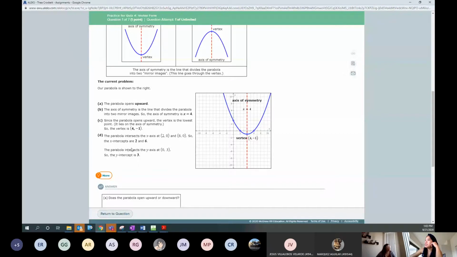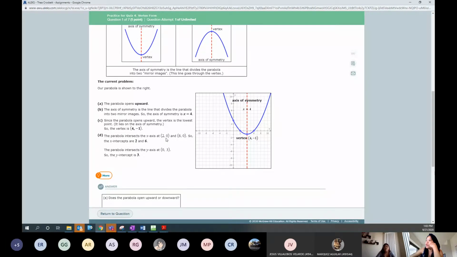And then letter D, the parabola intersects the x-axis at (2, 0) and (6, 0). So the x-intercepts are 2, 6. When you answer here in Alex, you don't have to write the zeros for the y-coordinates.